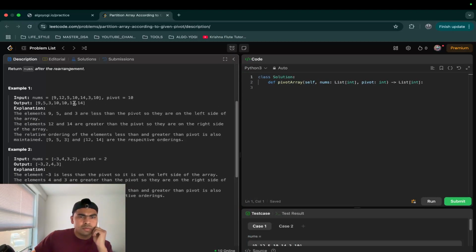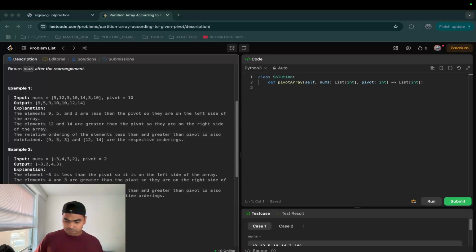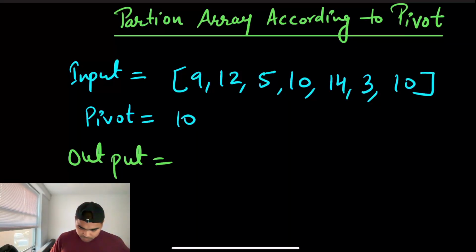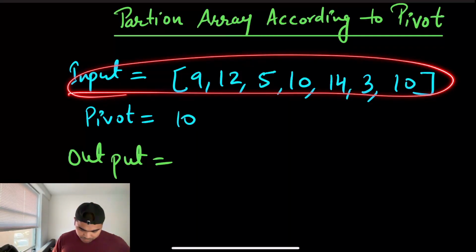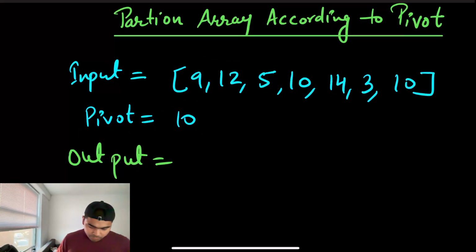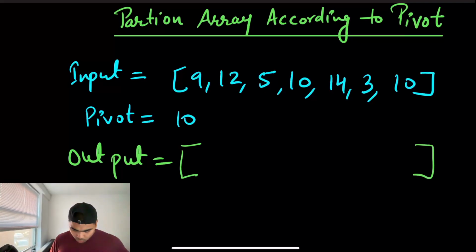So what is it asking us to do? Very simple. This is our input array, and then we have this pivot element. In this case it's 10, and we have been asked to rearrange all the elements in such a way that all the elements lesser than the pivot element come first.